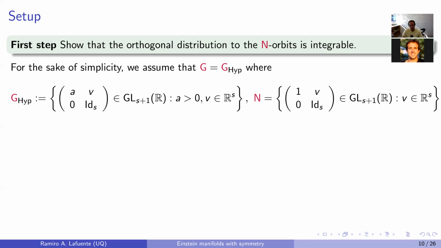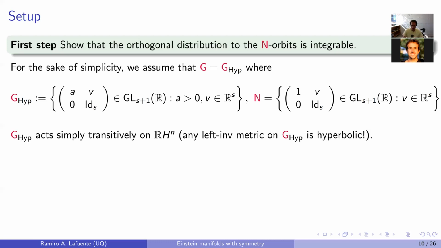The group G hyperbolic is a simply connected solvable Lie group given very explicitly by this set of matrices in GL of S plus 1 of R, where A is a positive real number and V is a vector in R to the S. It's S-dimensional, and it's given by this expression here.